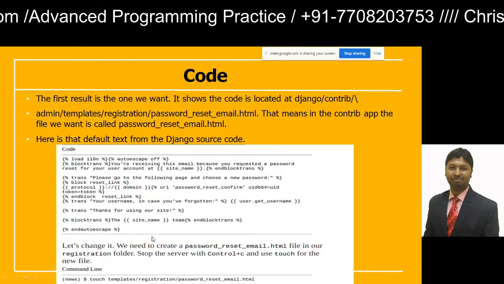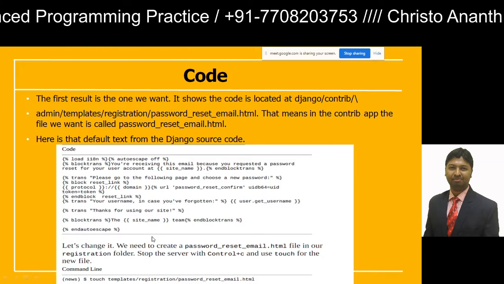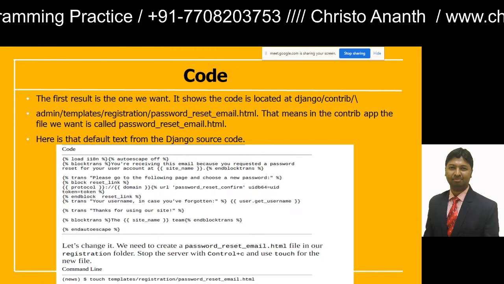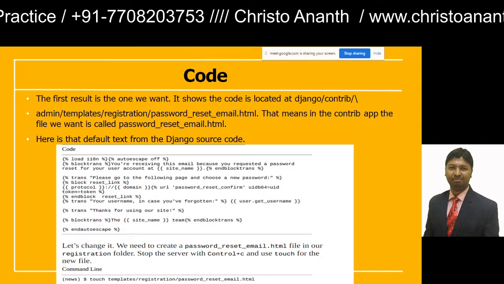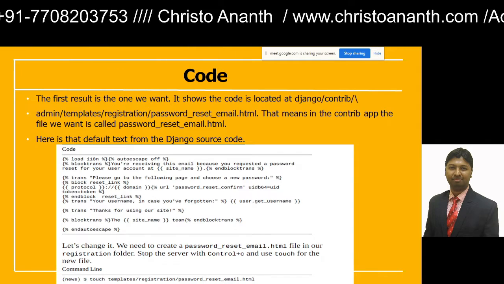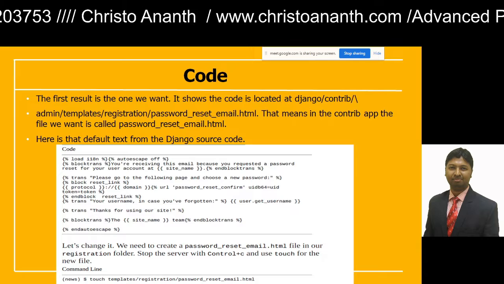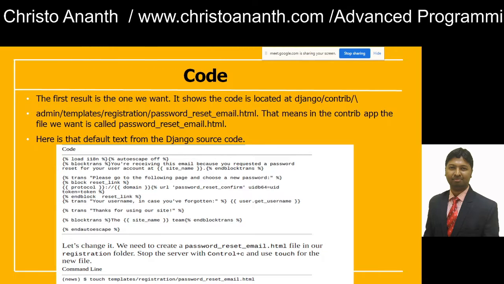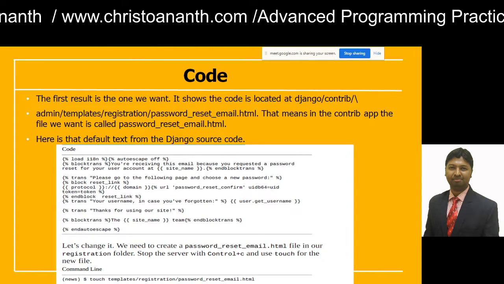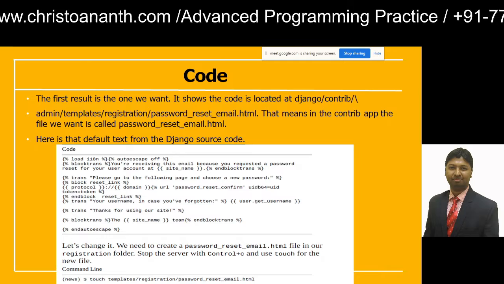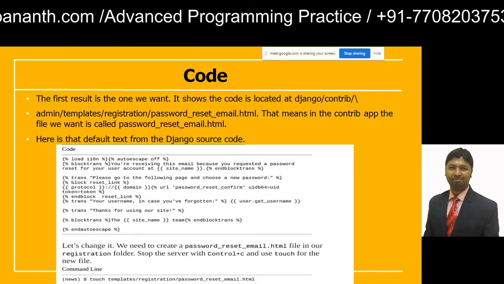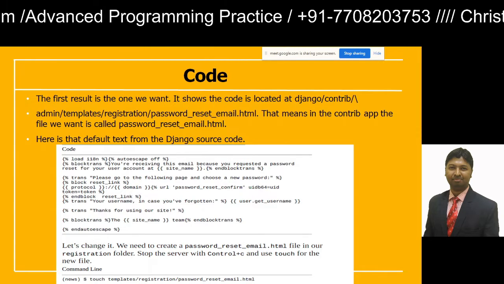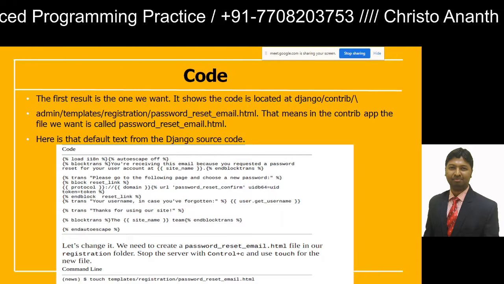It's located under django/contrib/admin/templates/registration/password_reset_email.html, which is the default text. We have the block trans, and then: you're receiving this email because you requested a password reset for your user account. Please go to the following page and choose a new password.